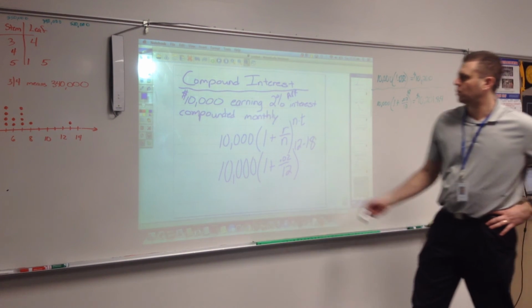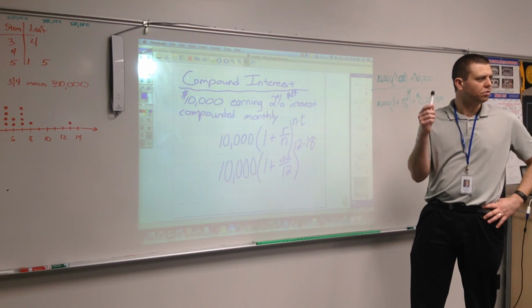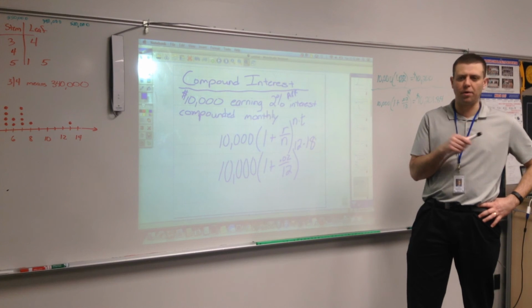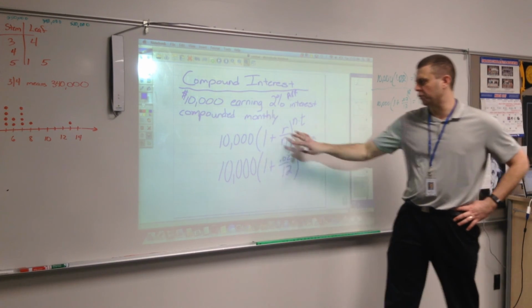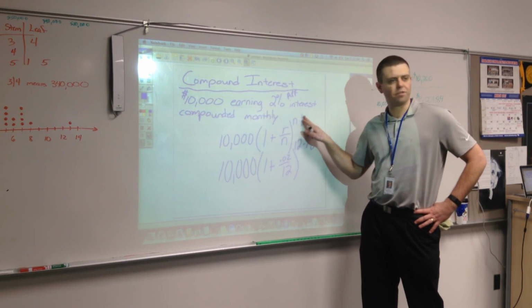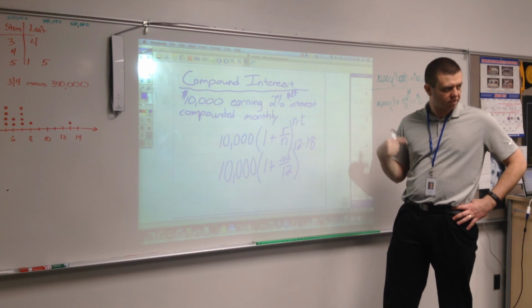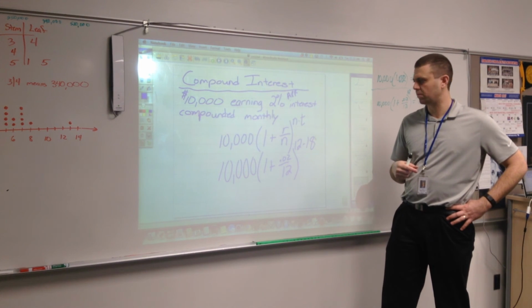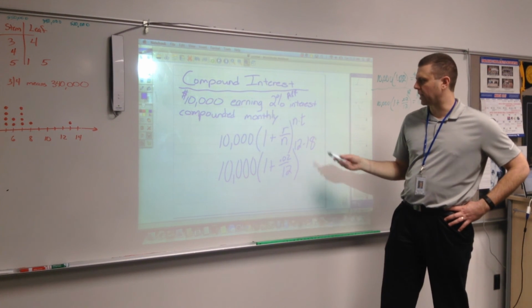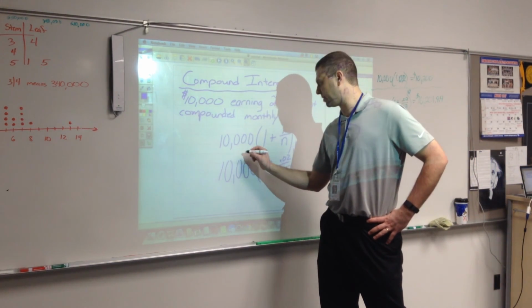So with compound interest, you just got to be a little bit careful. You can't just use a times b raised to the x power unless you figure out what the new b value would be, and this is how you would do that. And make sure this number here is how many times it's going to be calculated. So compound interest, again, it's not always going to be 10,000.